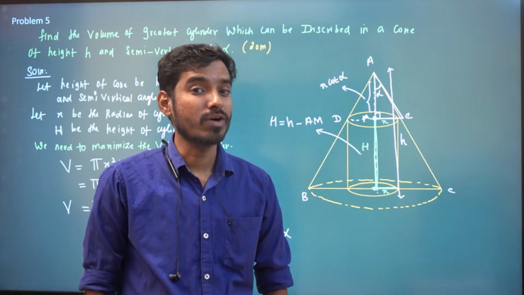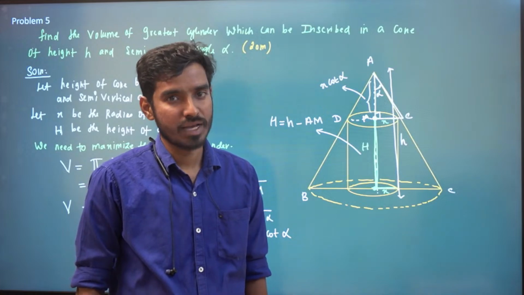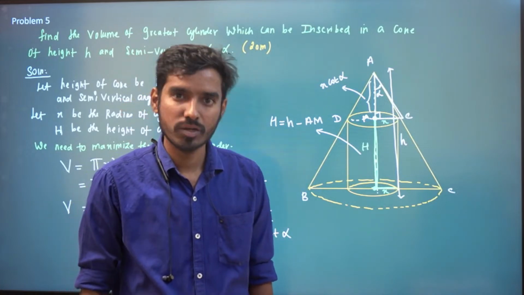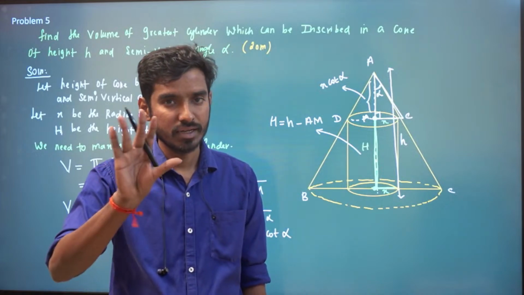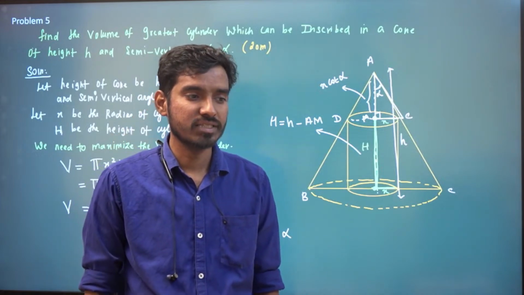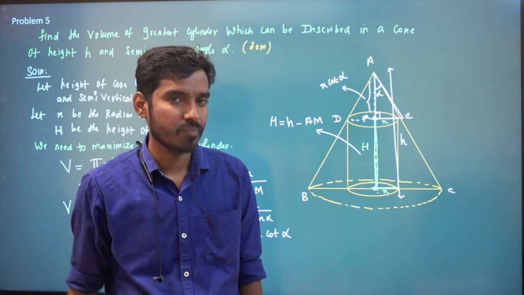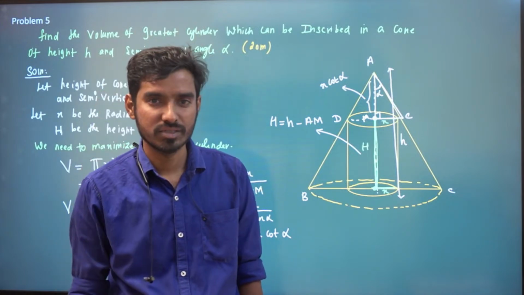I have solved some 7 problems based on application of maxima and minima. If they are asking from application of maxima and minima, there is a high chance that it will be from one of those 7 problems.